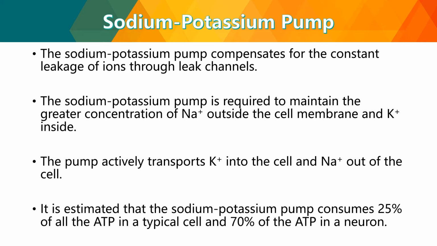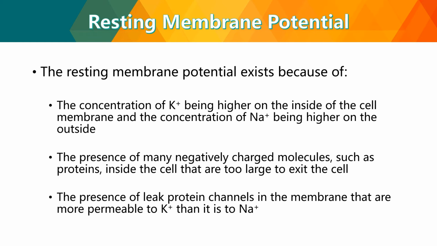It is estimated that the sodium-potassium pump consumes around 25% of all the ATP in a typical cell and 70% of the ATP in a neuron. For the resting membrane potential, sodium tends to diffuse into the cell and potassium tends to diffuse out. To maintain it, the pump recreates the gradient by pumping sodium out of the cell and potassium into the cell.